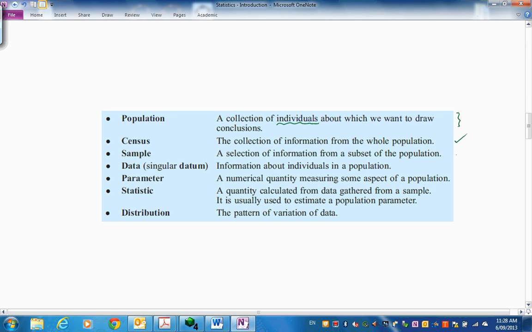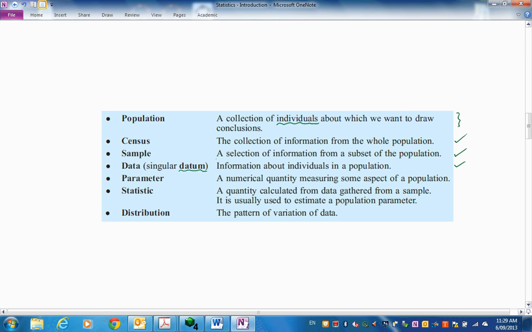A sample is when you can't do a census and you've got to select a subset or a group from the population to represent that population and make some inferences about the whole population. Data comes from the Latin singular, datum, a measurement: information about individuals in a population. So that's usually the sample measurements, isn't it? The data that we've measured is from our sample.